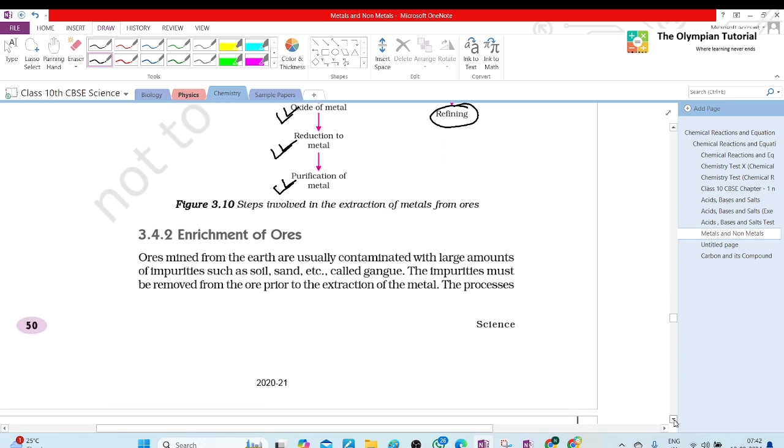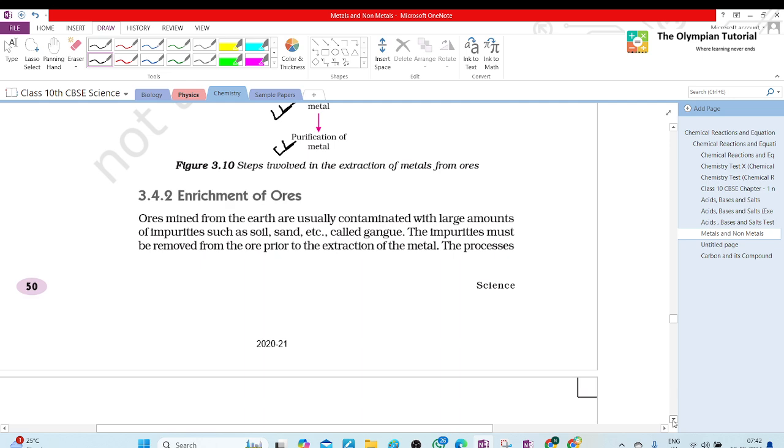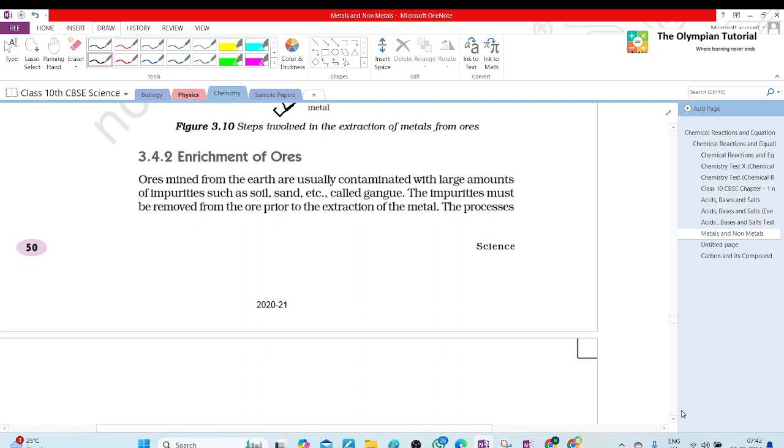Now the first process, concentration of ore, like enrichment of ore, same thing. Read it. Ores mined from the earth are usually contaminated with large amounts of impurities such as soil, sand, etc., called gangue. You have to write this definition also.